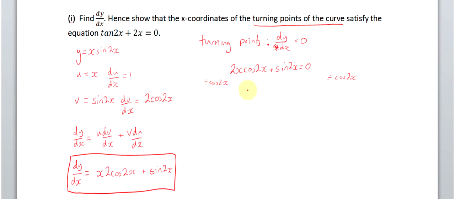That will give us 2x plus sine 2x over cos 2x, and 0 divided by cos 2x is still 0. Of course that's tan 2x, so we can write tan 2x plus 2x equals 0, QED, it has been demonstrated. And there we go. Now on to the second part of the question.